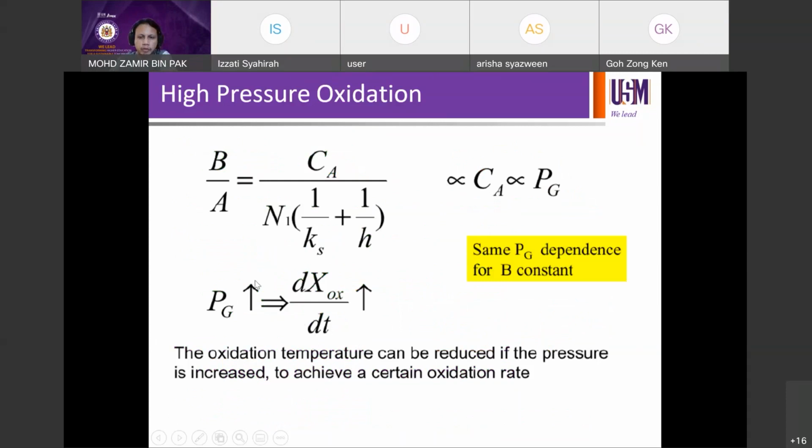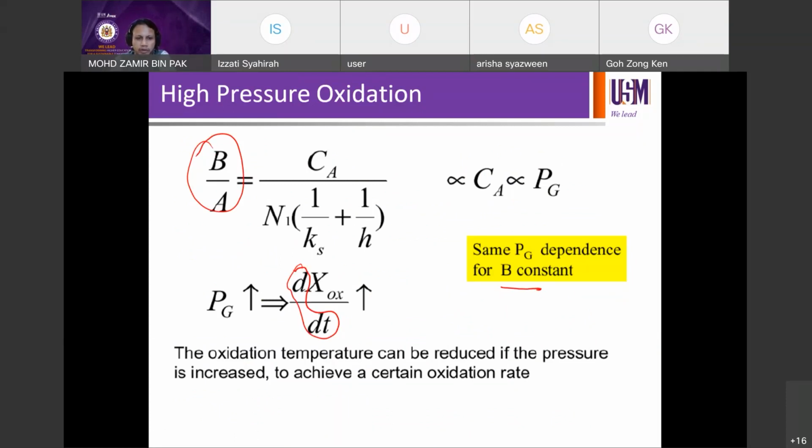So this is related to what we discussed yesterday, the B over A. Okay. So the effect is when you can see this B over A and the effect to the pressure. Okay, when you fix the B, for example, the gas partial pressure is proportional to the rate of your oxide growth, dx_ox/dt.